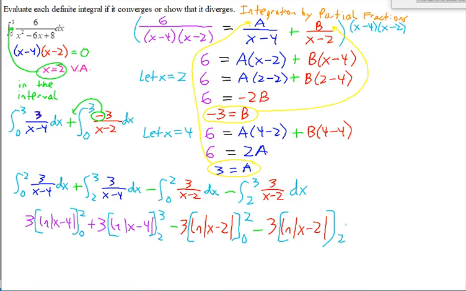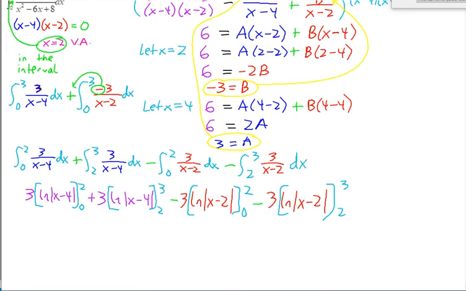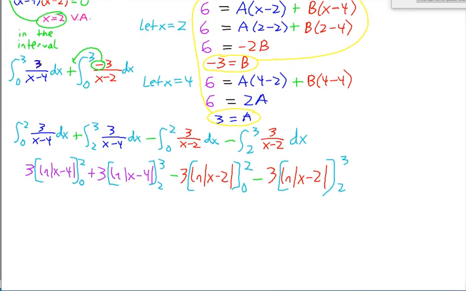So now we just have a bunch of substituting to do. So here we've got 3. And when you plug in 2, here's where the absolute values start having some effect. 2 minus 4 is negative 2, but the absolute value turns it into positive, so it would be natural log of 2, minus, when you substitute in 0, that would be negative 4, absolute value makes it positive 4, minus natural log of 4. So far, that's pretty normal there.